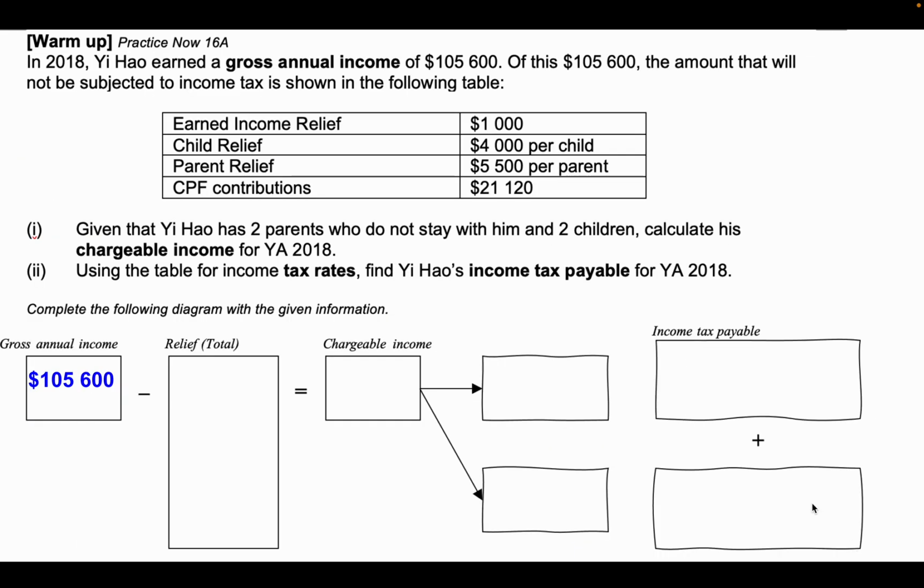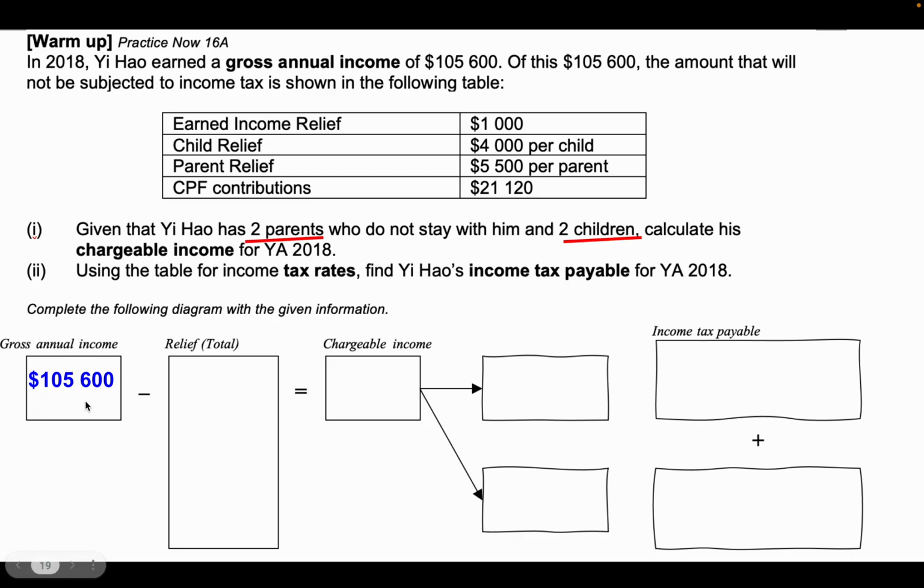In another example which we have in the warm-up exercise in class, here Yihao earned a gross annual income of this amount, and then of this amount the following are the income tax reliefs. So do take note, okay, this one we can write down here first, that is the gross annual income.